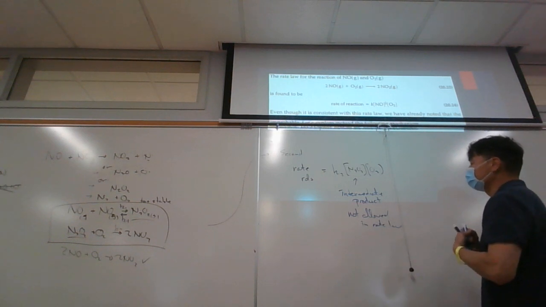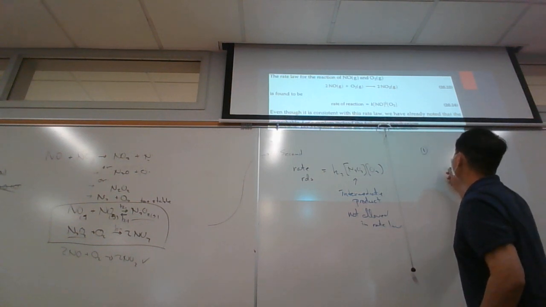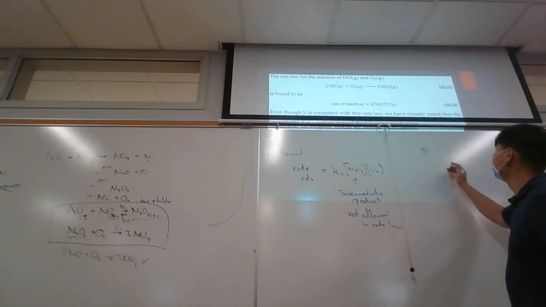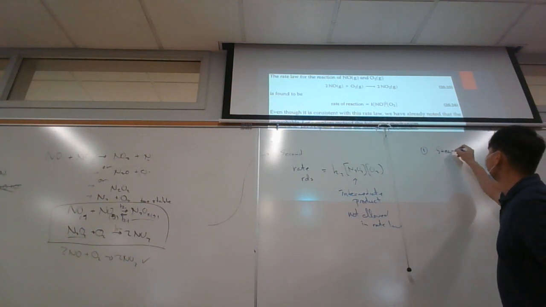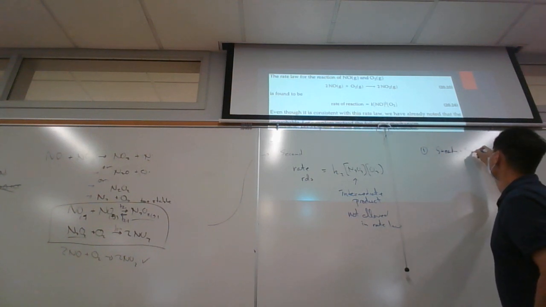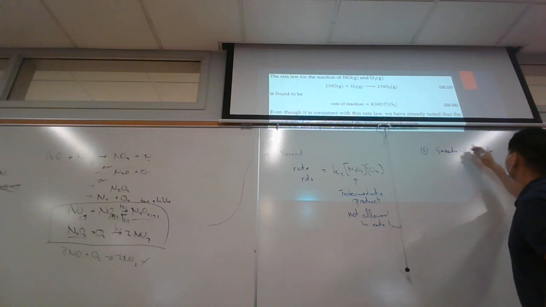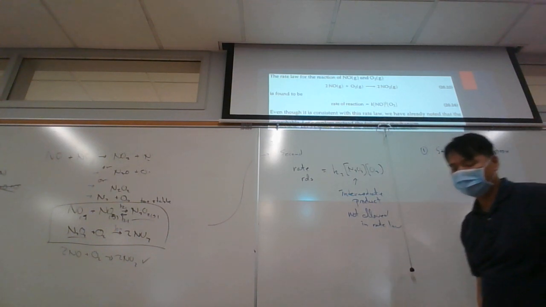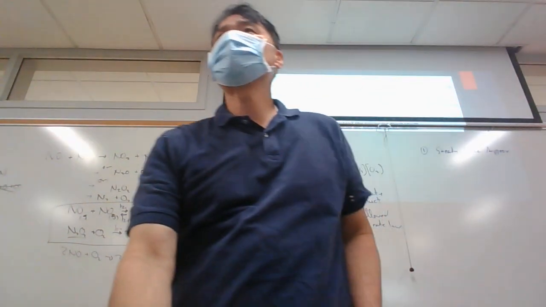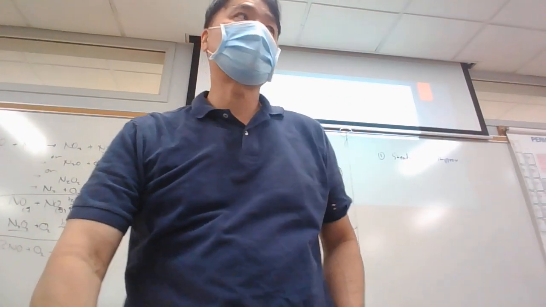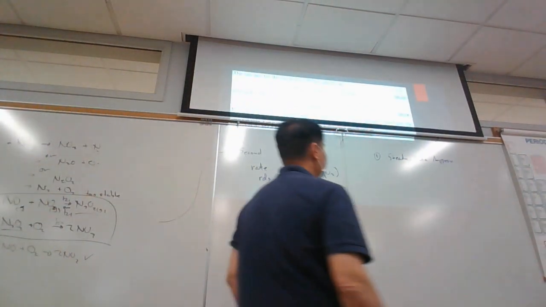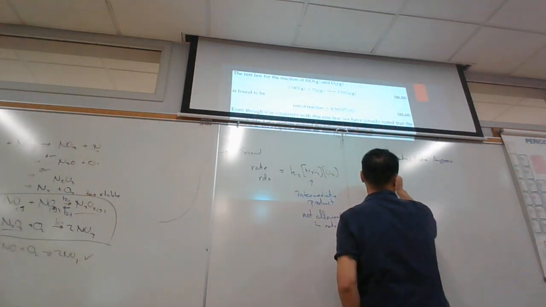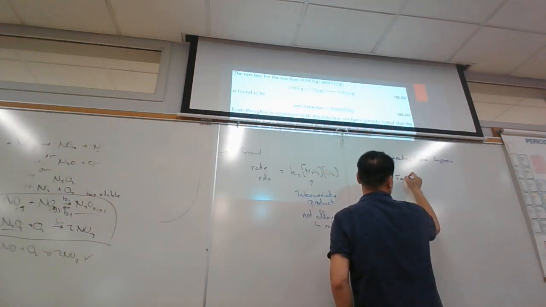One, we could use the steady state approximation. Or we could use a simplified version of the steady state approximation. The steady state approximation simplifies into what we call the fast reversible.